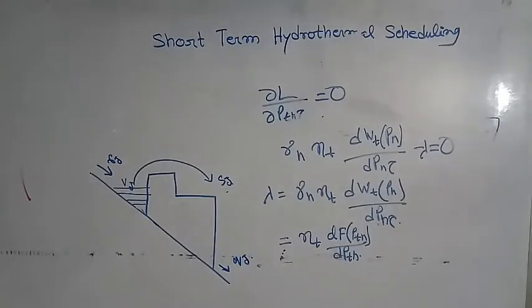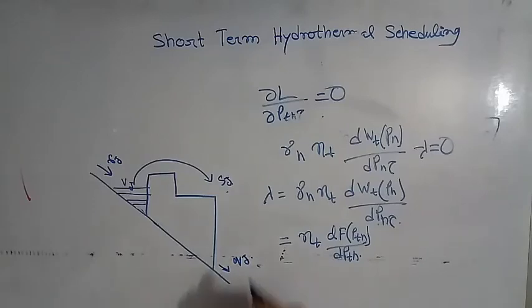Now, while implementing these equations into programming, it is noted that the conversion constant gamma h effectively converts incremental water rates into incremental plant cost and determines the amount of water used at each hydro plant in a multi-plant system operation. Thus gamma h must be chosen so that the desired amount of water is used.